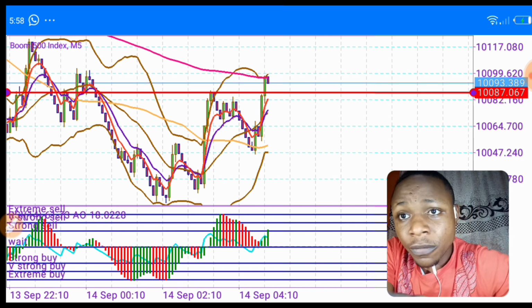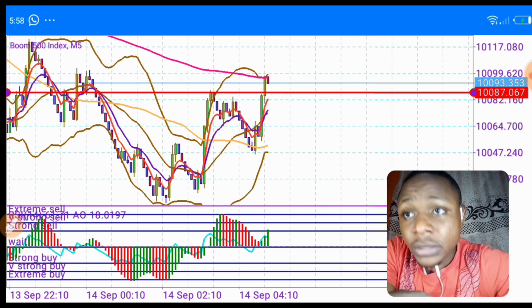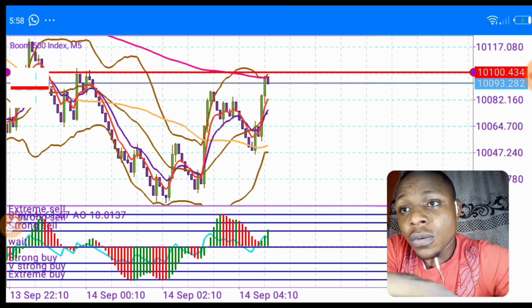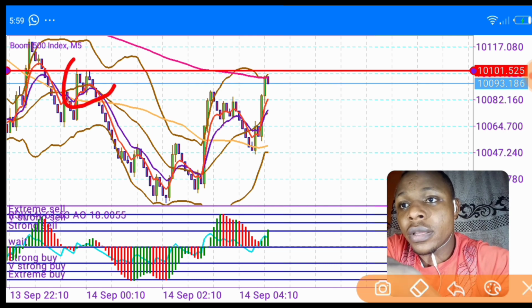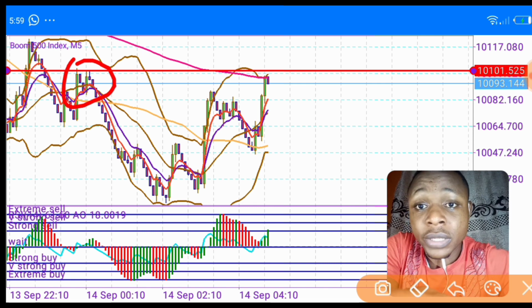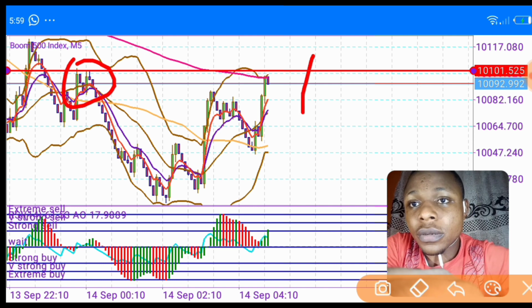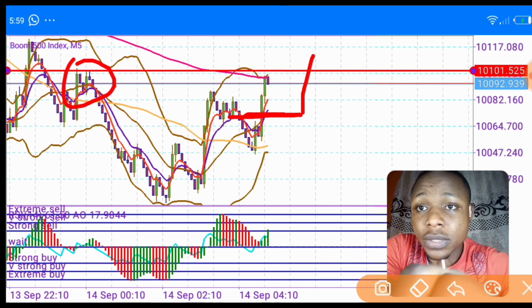It has touched the upper Bollinger Band, and it's also on a resistance level, which is A. So at least this market might sell for the next 10 minutes before another spike comes up. And you have entered a trade over here before, which is 0.10.